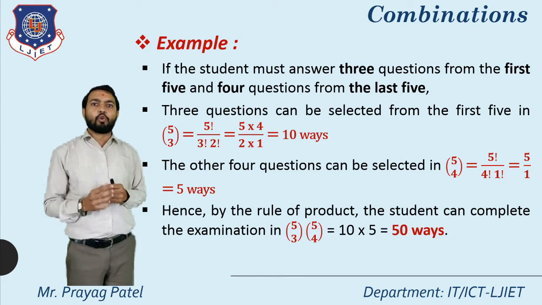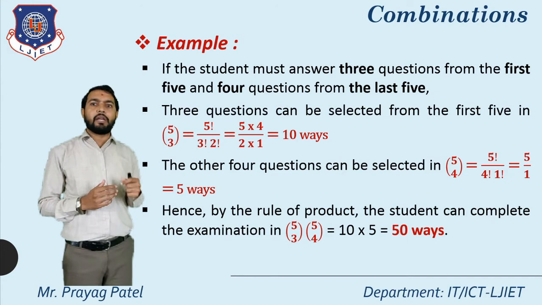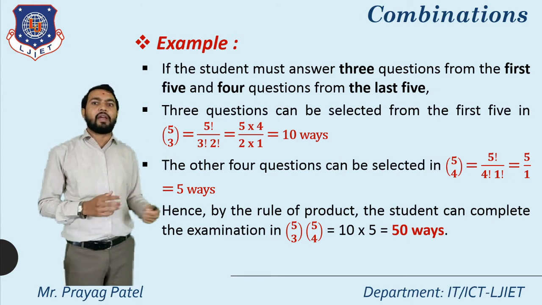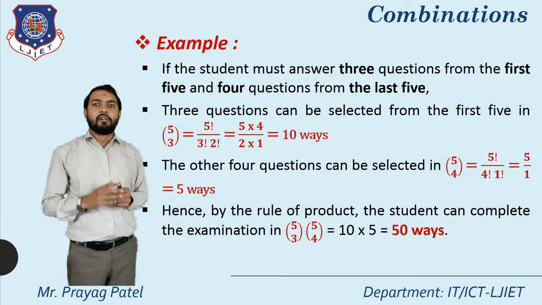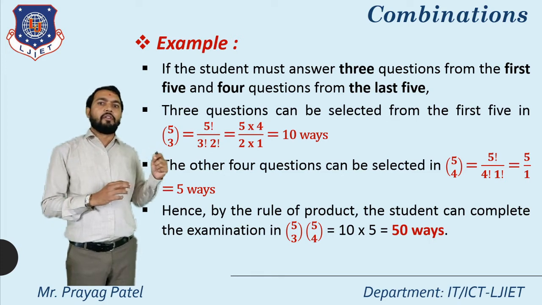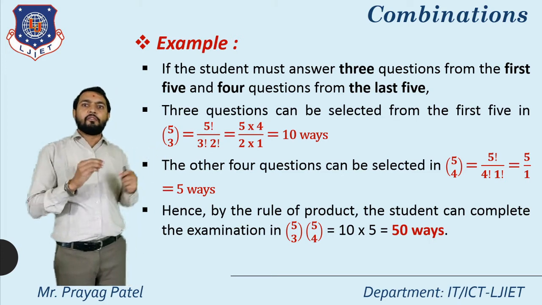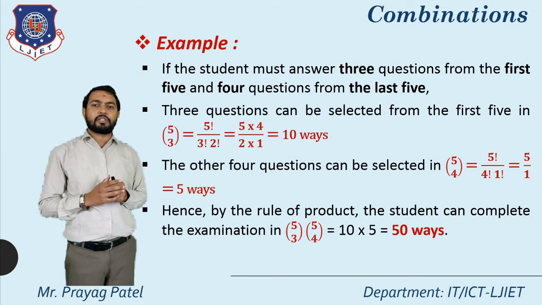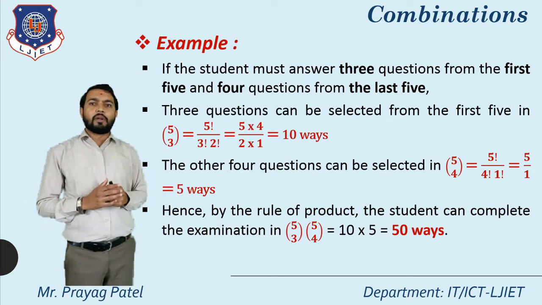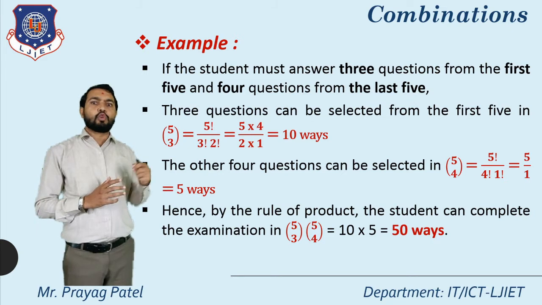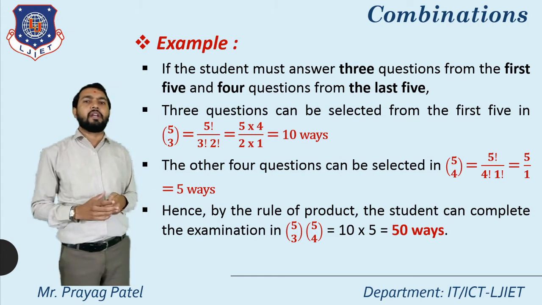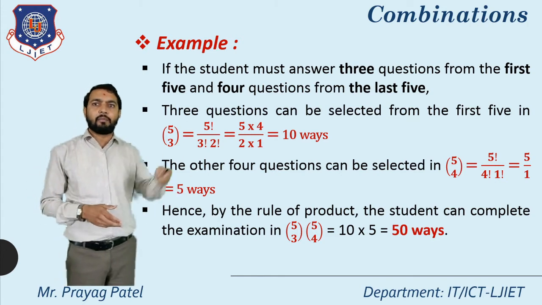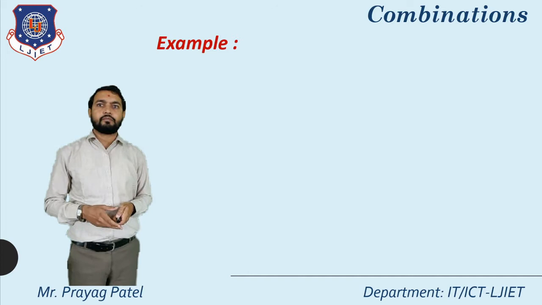By the rule of product, in how many ways can the student complete the examination? So multiply both the ways, C(5, 3) and C(5, 4). 10 ways are possible for the first 3 questions, 5 ways for the last questions. So 10 into 5 equals 50 different ways for giving the exam according to this condition.